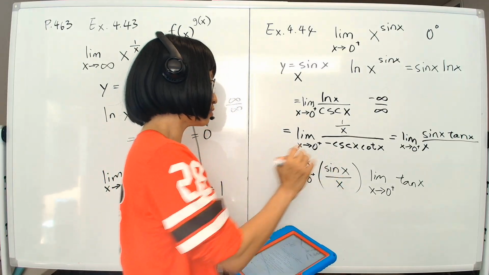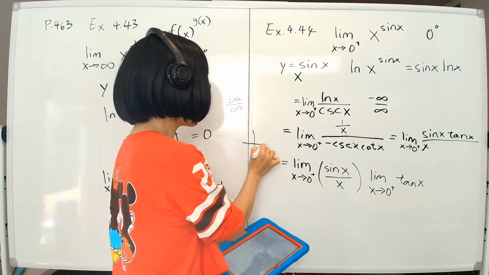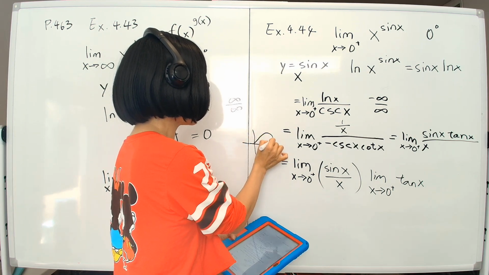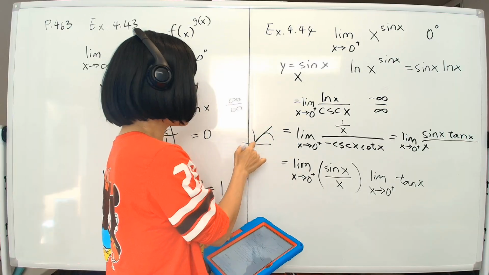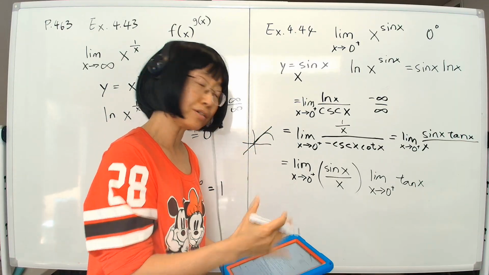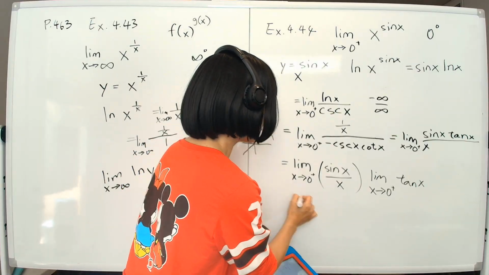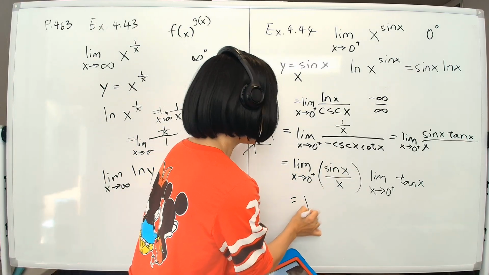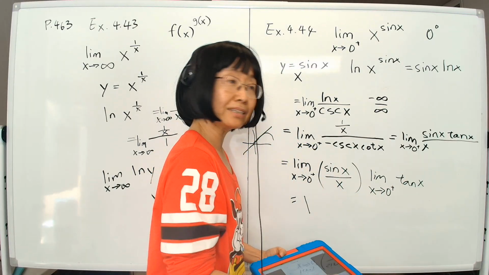Sine x over x is 1 because at 0, the sine graph goes up and then turns down, whereas the x graph just goes straight. So at 0, their ratio is 1. That's how you remember it. So this limit equals 1, and the limit of tangent as x approaches 0, tangent 0 is just 0.